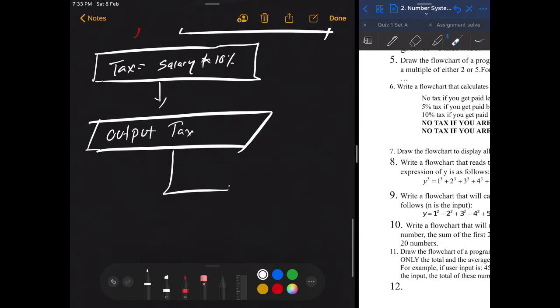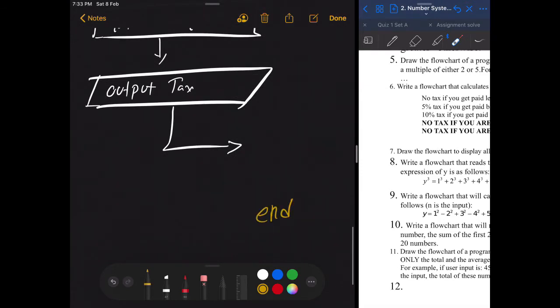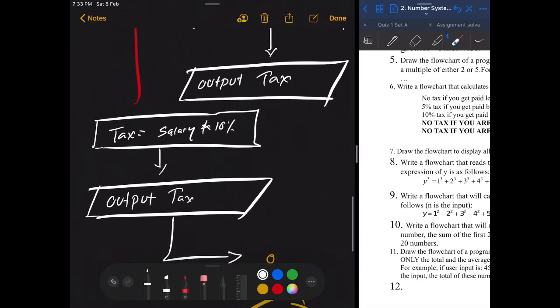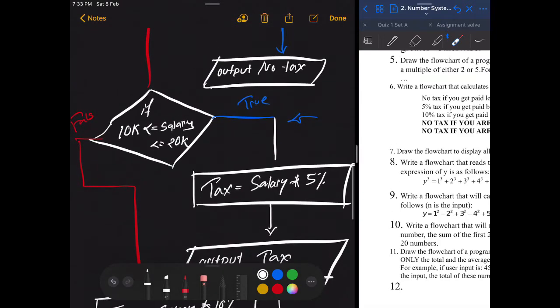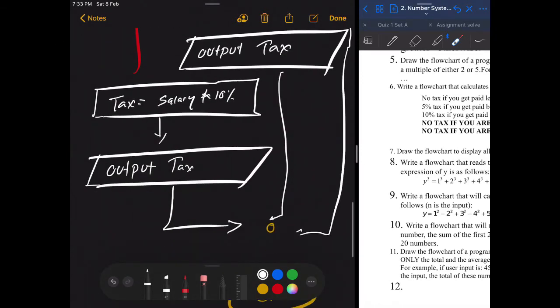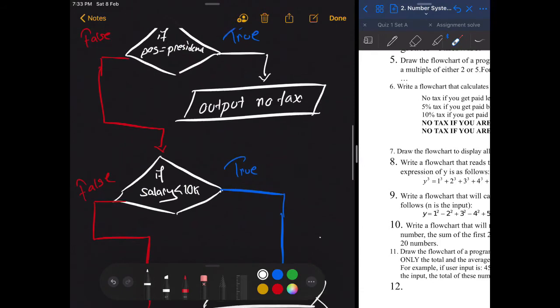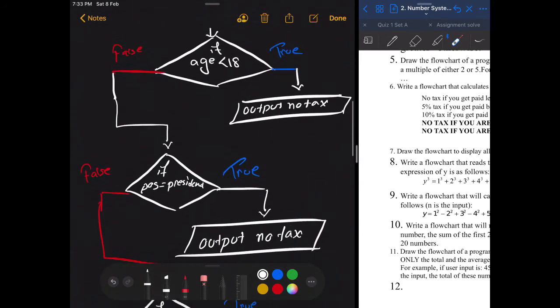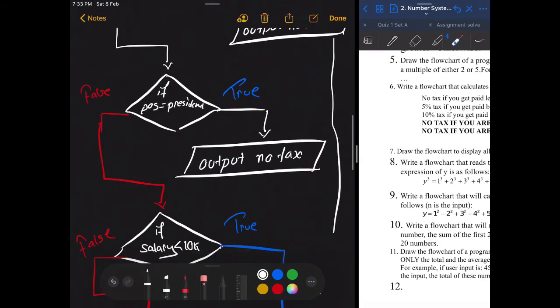So we have multiple things coming to our end here. So let's say this is our end, and we need to have a joining point for all of these. So we have one output here, another output coming from here, and we have another two more coming from this side.